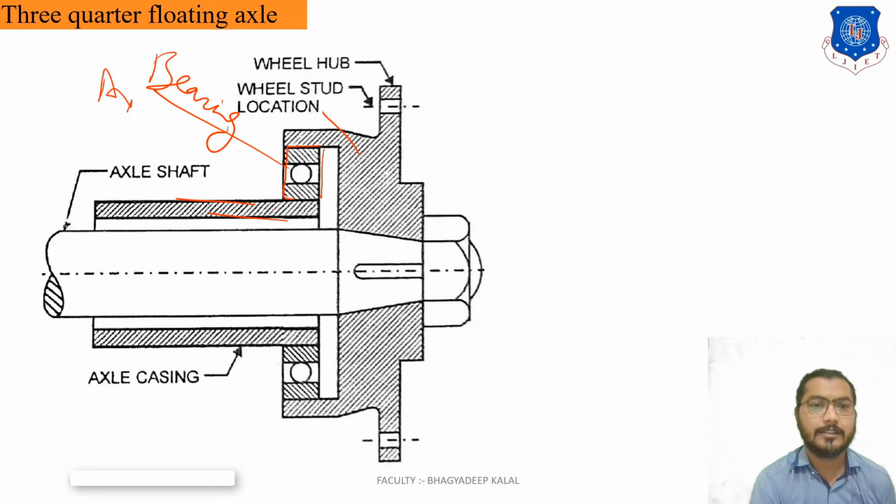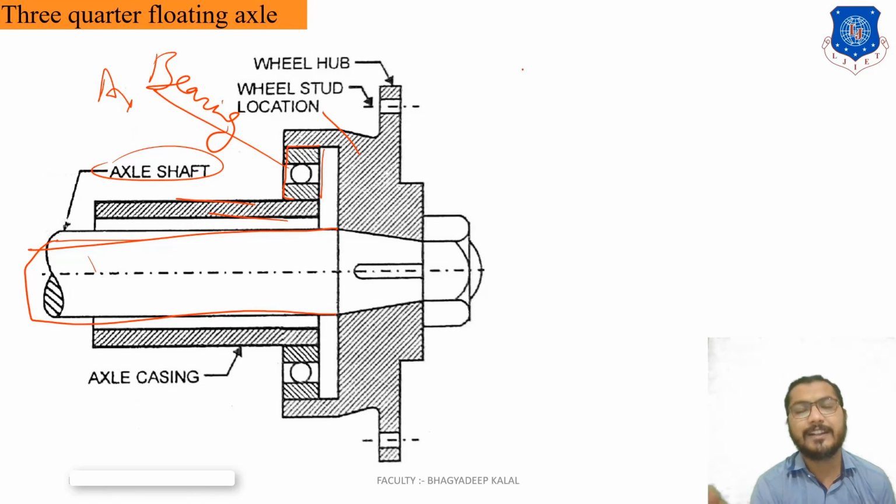Whatever bending or shear loads are due to the vehicle weight come directly on the axle casing, which takes them, and they are transferred to the wheel or tire.